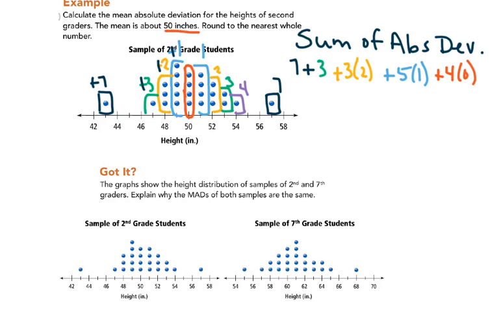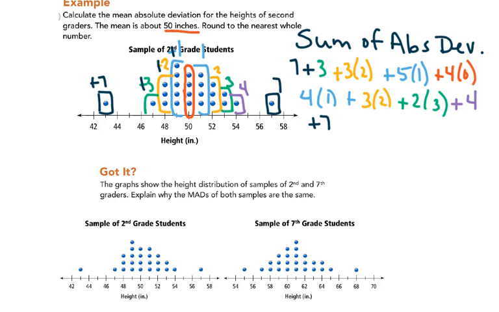Now I'm over here on this side, I have 4 1s. I have 3 2s. I have 2 3s. I have 1 4. And I have 1 7. That 7 is this one here. Okay, so I color-coded it so you could see where I was each time.